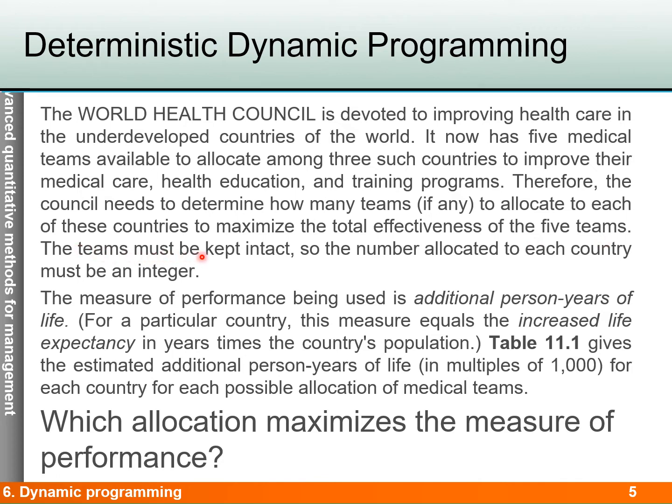The teams must be kept intact, so the number allocated to each country must be an integer. The measure of performance being used is additional person-years of life. The table on the next slide will show the estimated additional person-years of life for each country for each possible allocation of medical teams. What is the question? Which allocation maximizes the measure of performance?